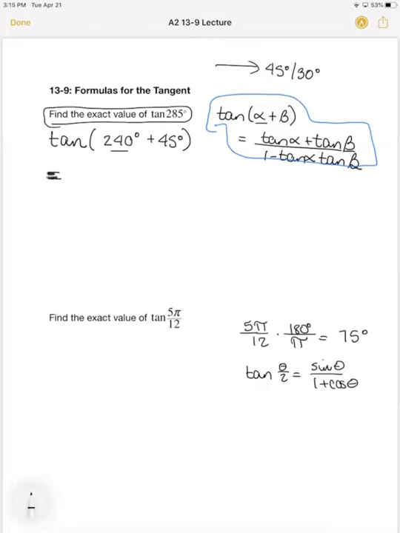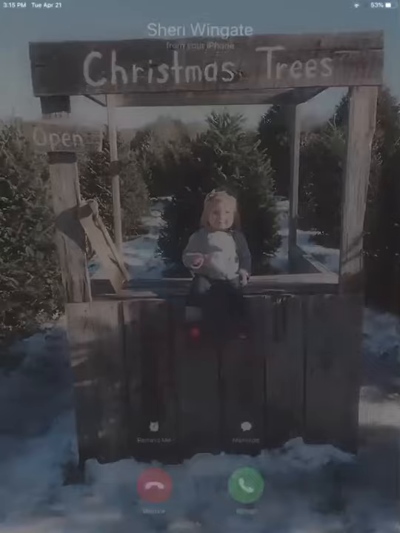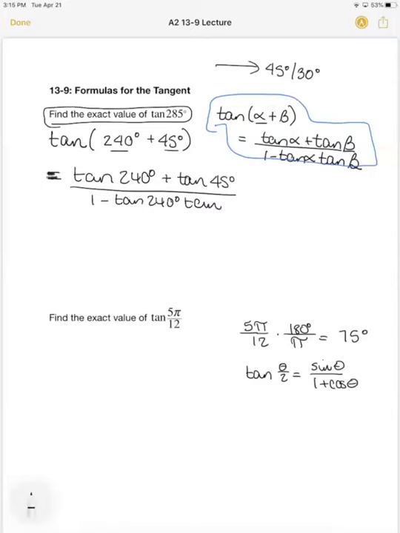And so following my formula, the tangent of alpha, so the tangent of 240 degrees plus the tangent of beta, and 45 is going to be my beta, 45 degrees, all over 1 minus the tangent of alpha times the tangent of beta, and beta is 45.